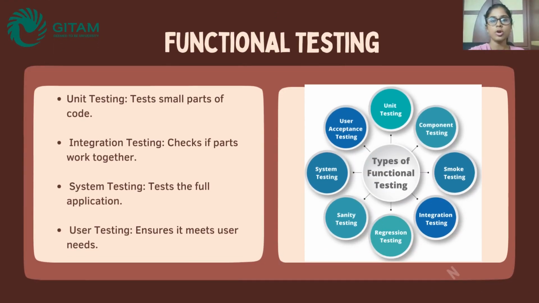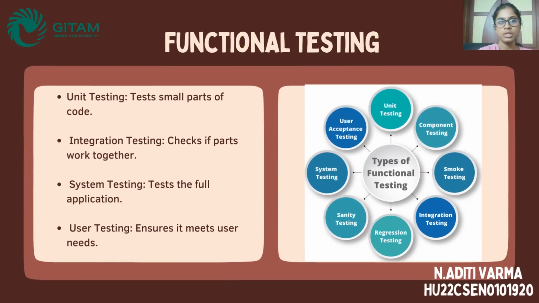So now let us talk about functional testing, the types of functional testing, with a real world example. The types of functional testing consist of unit testing, integration testing, system testing, and user acceptance testing. Unit testing tests small components of the code, whereas integration testing checks if the modules interact correctly. System testing tests the full application.